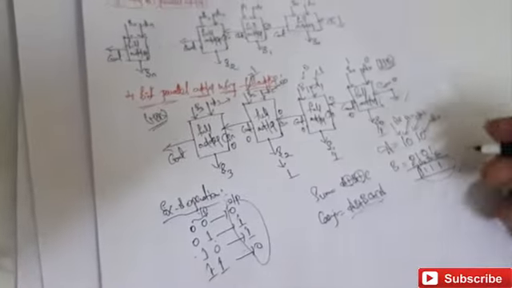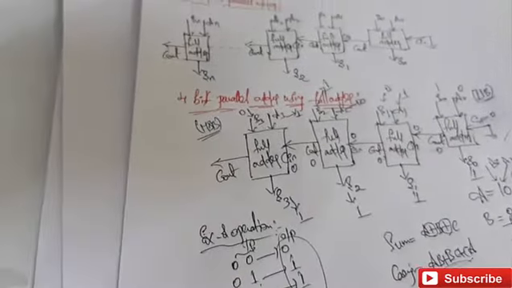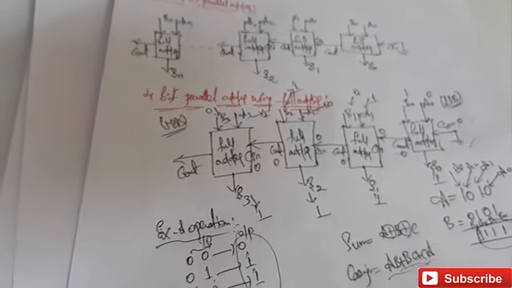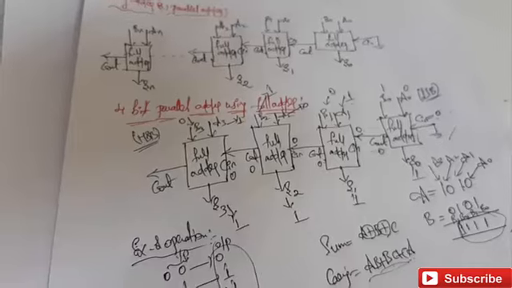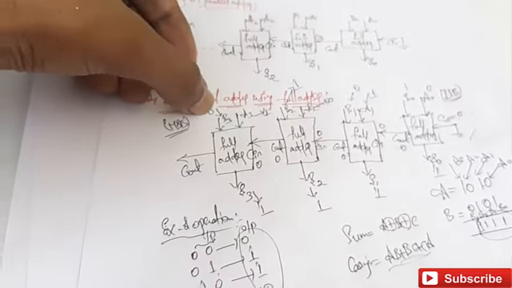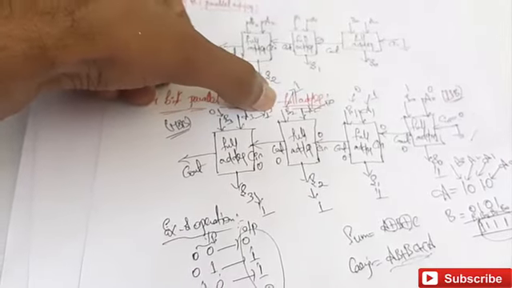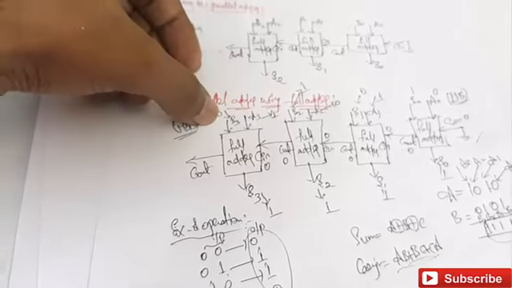Here A3 will be 1 and B3 will be 0, and 0 XOR 1 means you will get the output as 1. Next, the carry means AB plus BC plus CA. Here 0 into 1 means 0, 1 into 0 means 0, 0 into 0 means you will get the output as 0.